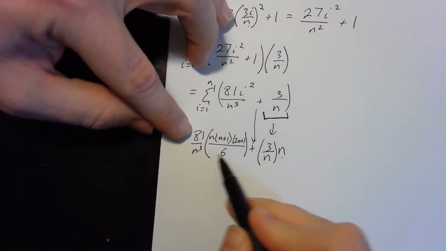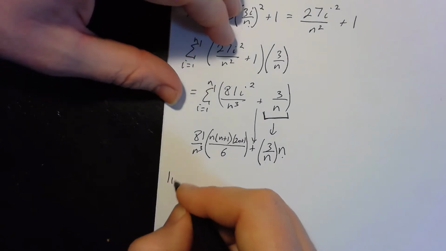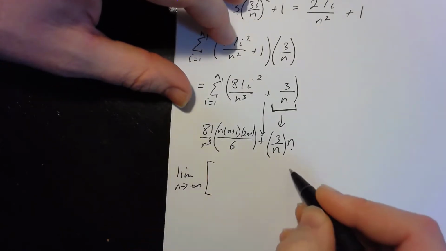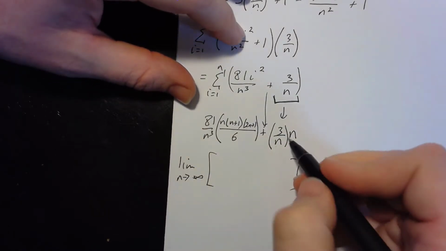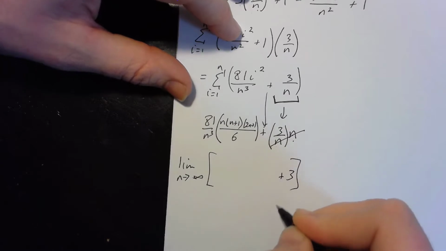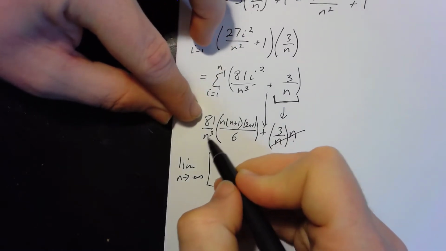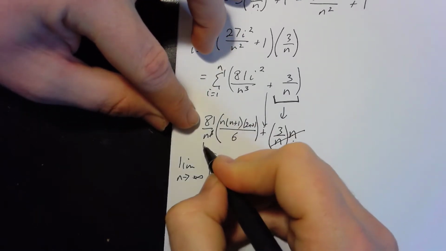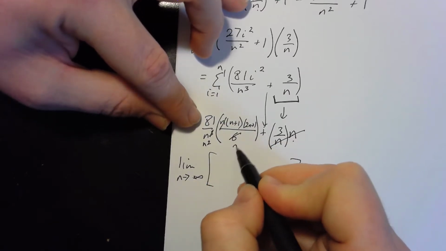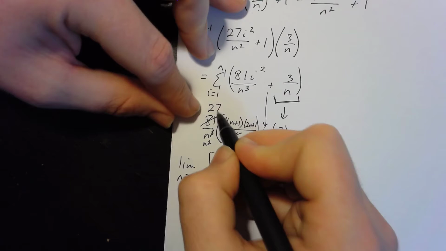Lastly, we're going to simplify this as much as possible, and one more time, take the limit as n goes to infinity of that entire summation. So very carefully, I'm going to cancel out details that I can. The n and the n can cancel out, leaving me with a plus 3. Over here, this n cubed can cancel out and become n squared with this n. The 6 can cancel out, become a 2 with this 81 and become 27.